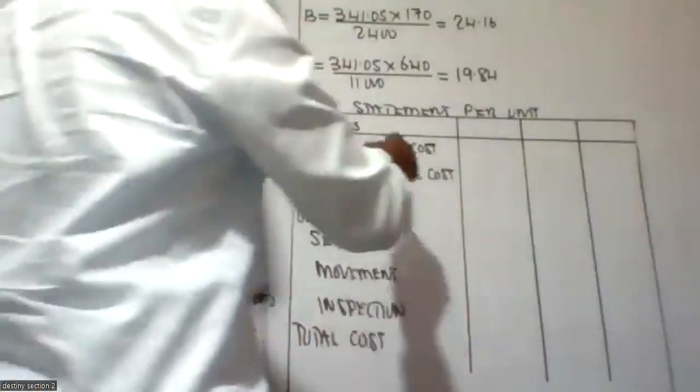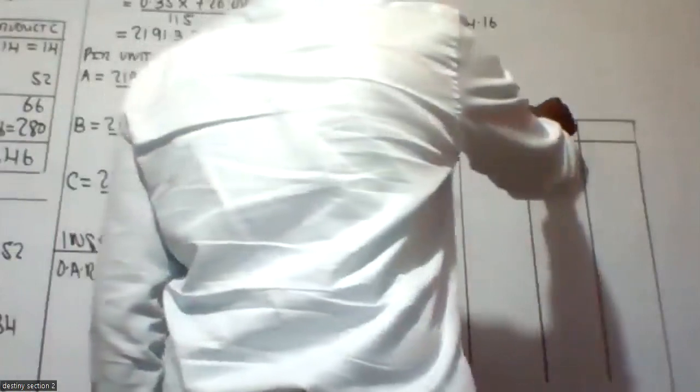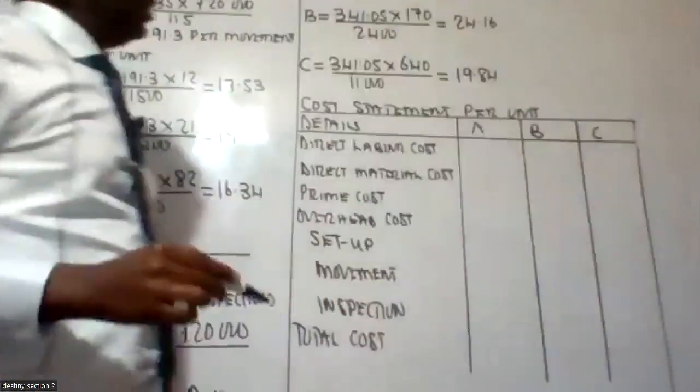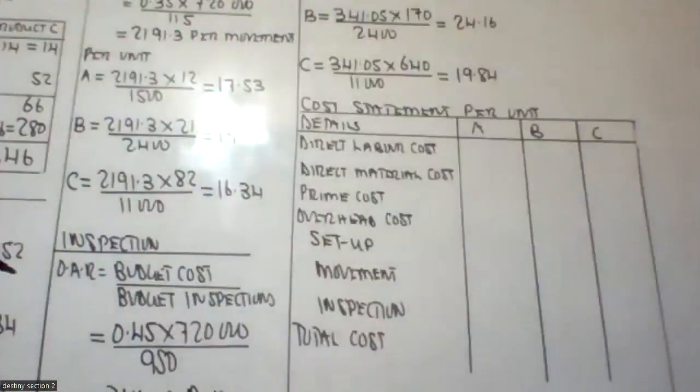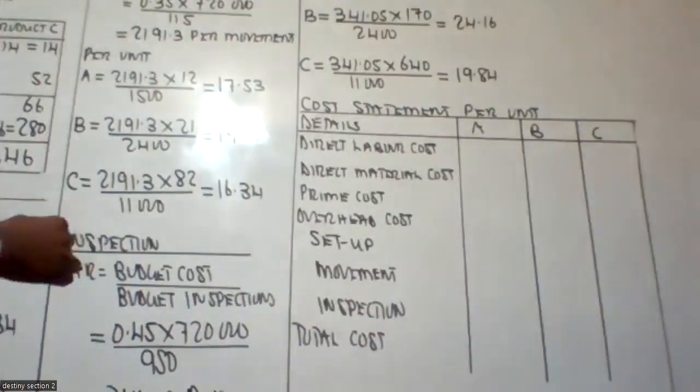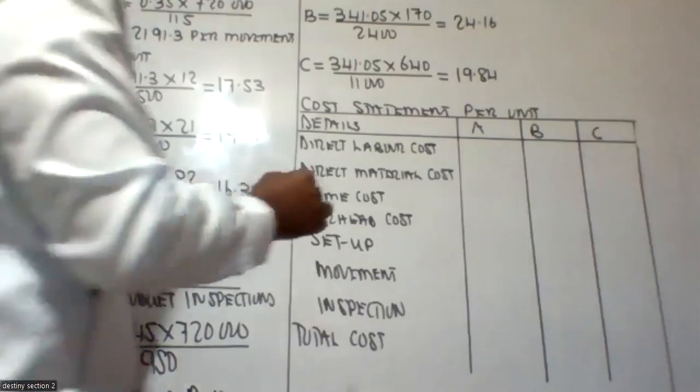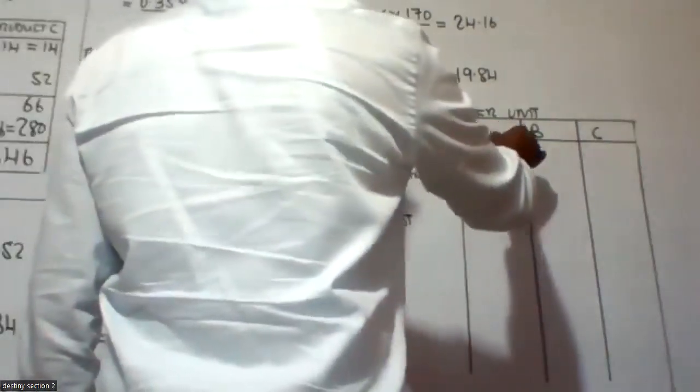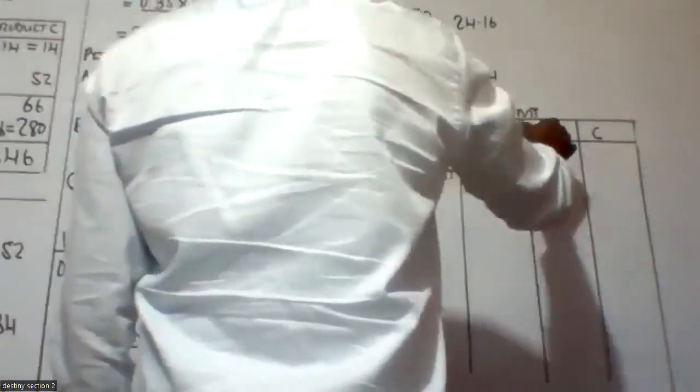So we are talking of product A, B, C. Sasa, product A, labor is 28. We already have it. This is 42 and this is 14.